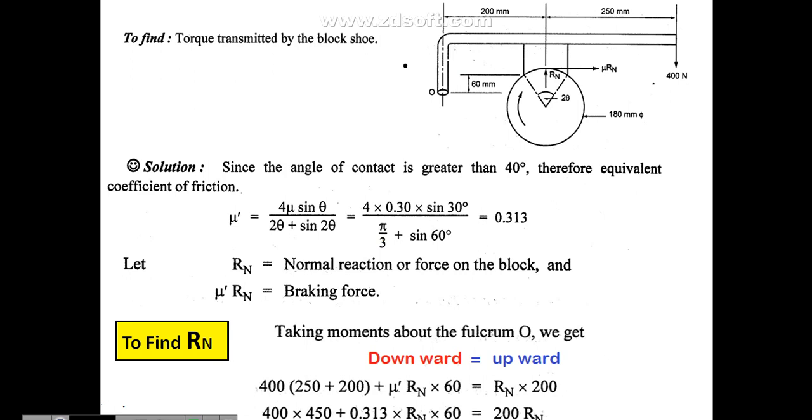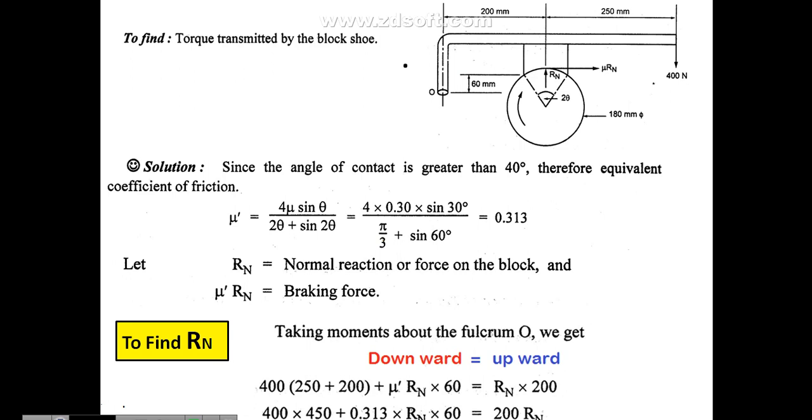So you take the moment about the fulcrum point. Downward moments are equal to upward moments. From the point O, you consider everything downward and upward. In the downward direction we have 400 Newton acting downwards, at the end of the lever.